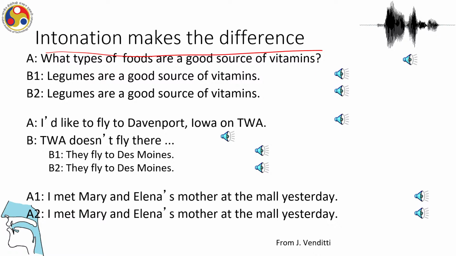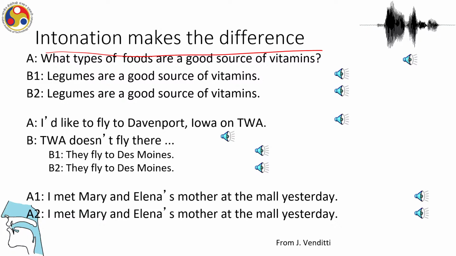When you are in intonation, what you are doing is that with the pitch and other suprasegmental, or prosodic properties, the implied meaning could be slightly different based on where you are putting emphasis and what kind of contour you have while you're answering the question. We had another sentence like I'd fly to Devonport on TWA.